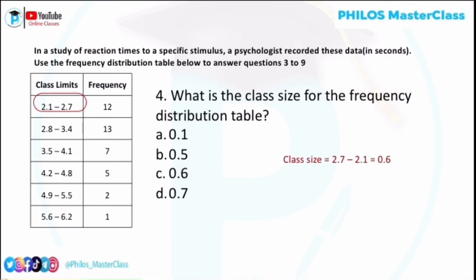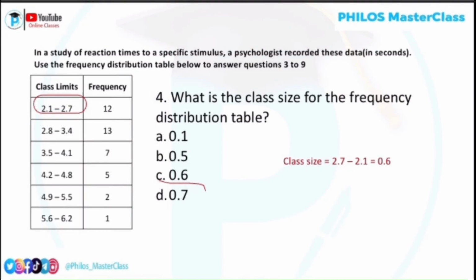So the class size is just the difference between the upper class limit and the lower class limit. So do not mistake this for class width anymore. So the correct answer to this particular question is C, 0.6. The class width is 0.7 and the class size is 0.6. So let's proceed to the next question.